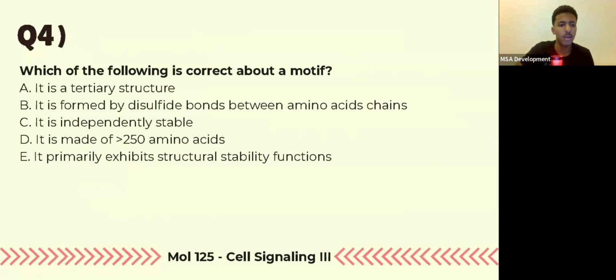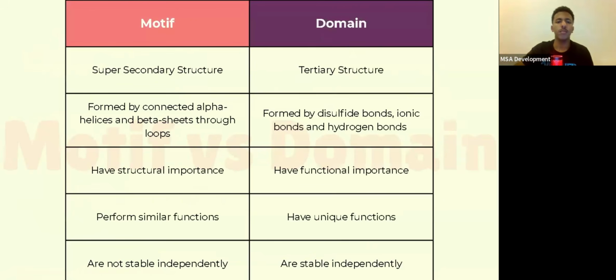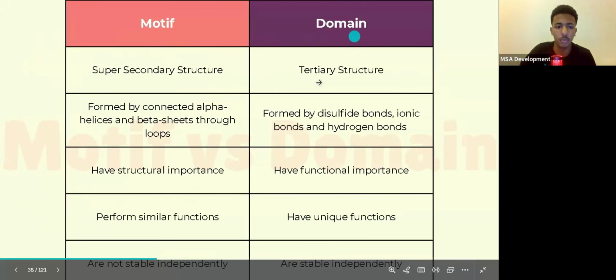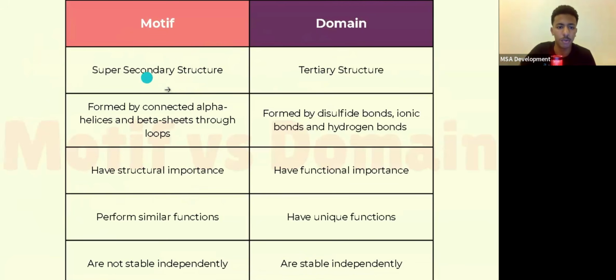Question 4. Which of the following is correct about a motif? 3, 2, 1. Okay, so we have a big table that has everything we need to know, motif and domain. Motifs are super secondary in structure. Domains have a tertiary structure. Motifs are formed by connected alpha helices and beta sheets through loops.